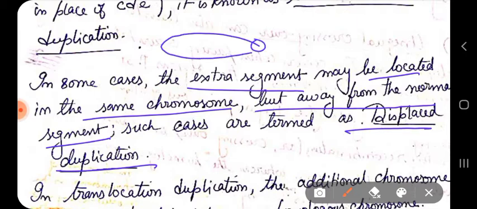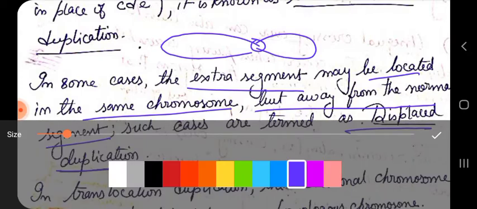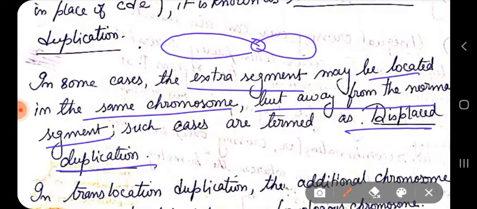If this is your chromosome, I have said before also briefly in the first class of structural changes in chromosome, A, B, C, D, E, and then C, D, E, F. So you can see the CDE segment has been repeated, but not immediately after the normal segment.